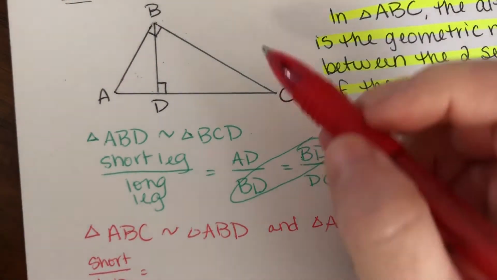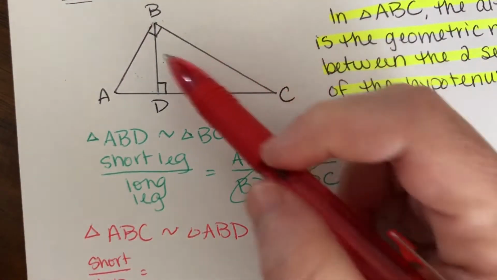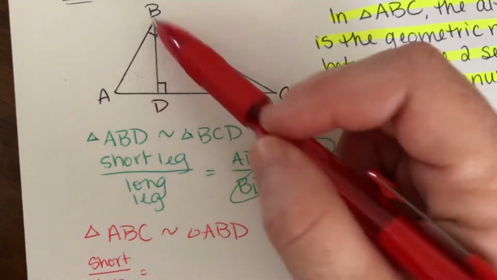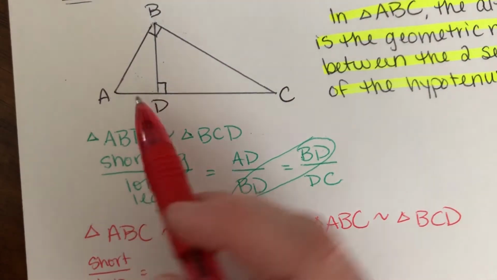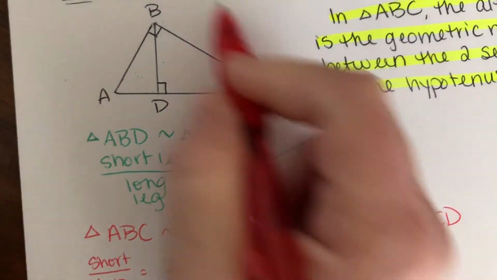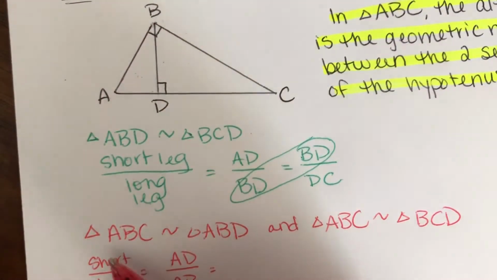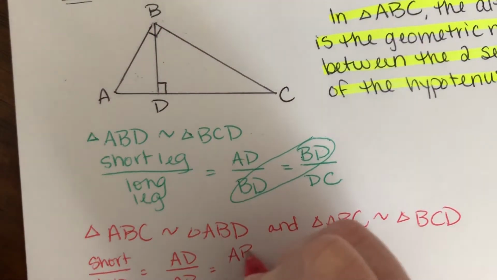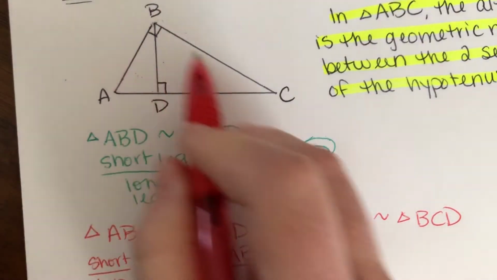Right? So if I do that, short leg over hypotenuse in the smaller triangle, the short leg is AD, the hypotenuse is AB. So AD over AB. And in the larger triangle, it's short leg over hypotenuse. The short leg is AB, and the long leg is BC.